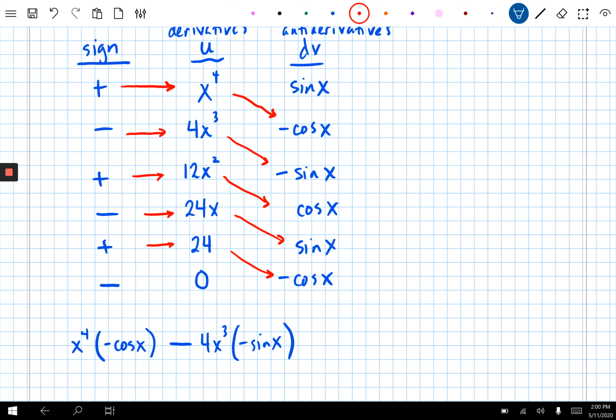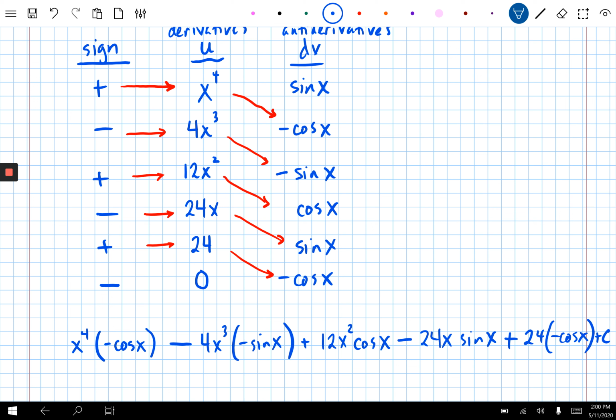So the next term is going to be plus 12x squared times cosine of x, and minus 24x sine x, and then plus 24 times negative cosine of x plus c.